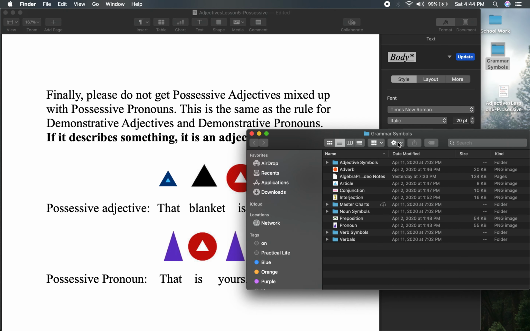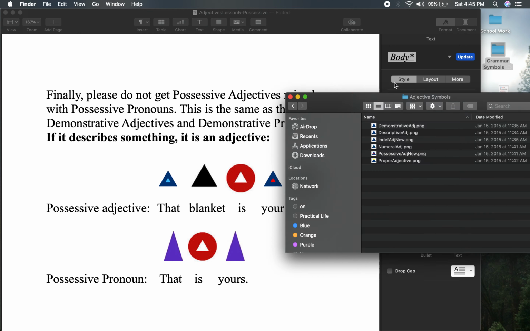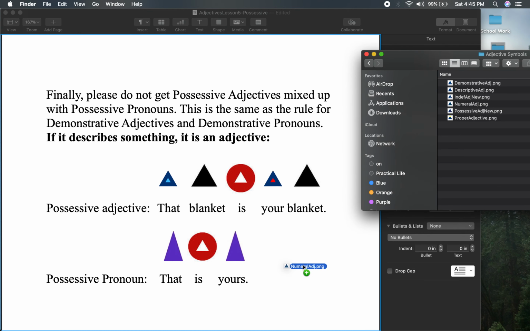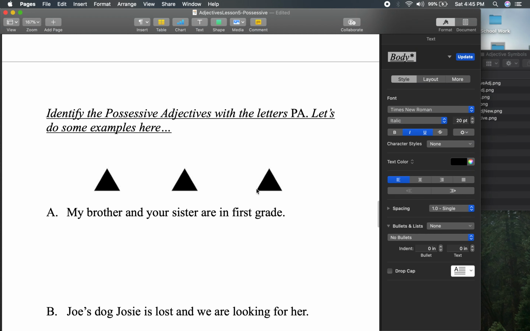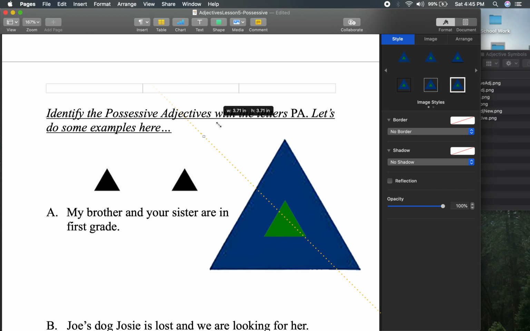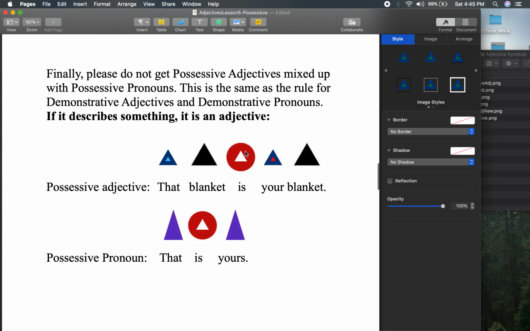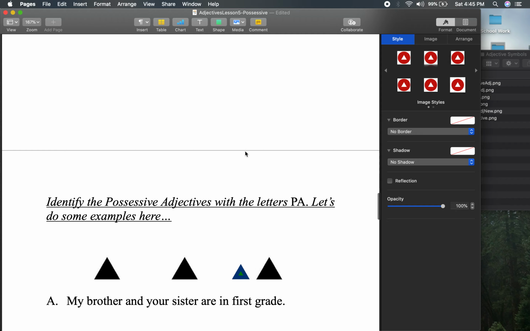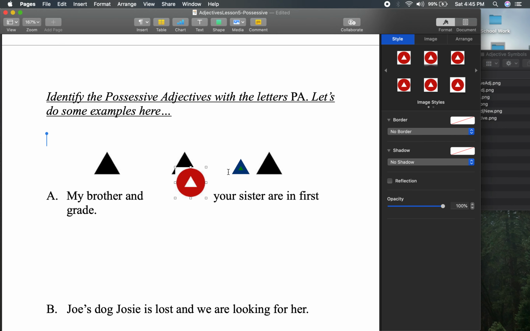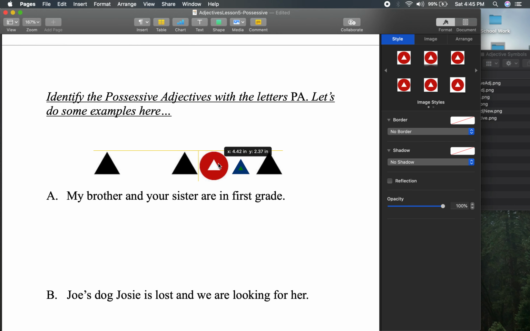Go to my grammar symbols. I love it. Oops, I forgot my linking verb, are, sorry. And it looks like I'm going to need a little bit more space here.